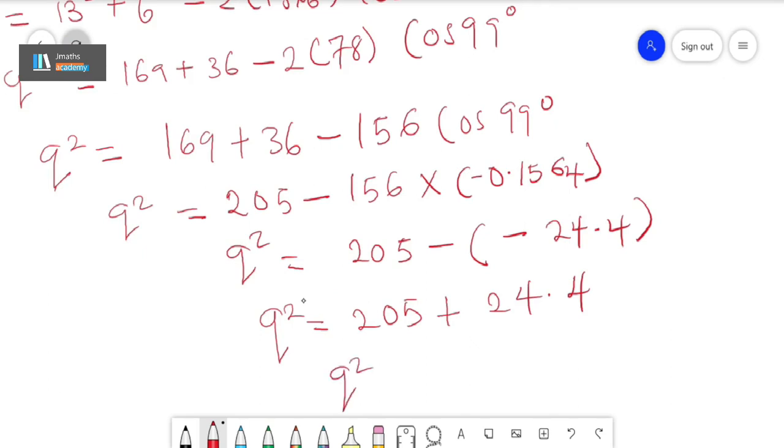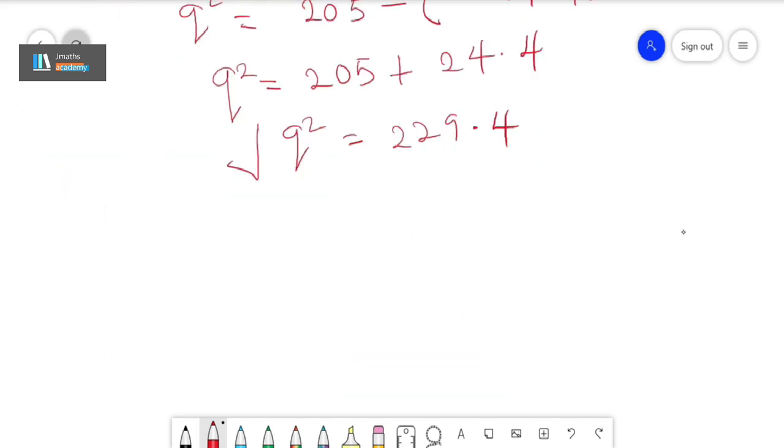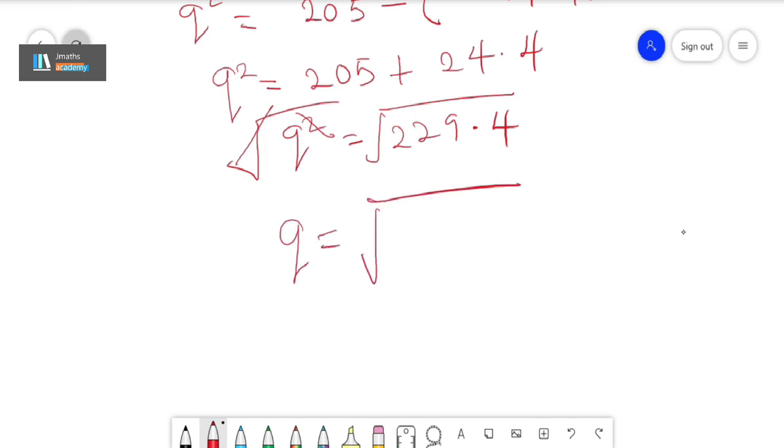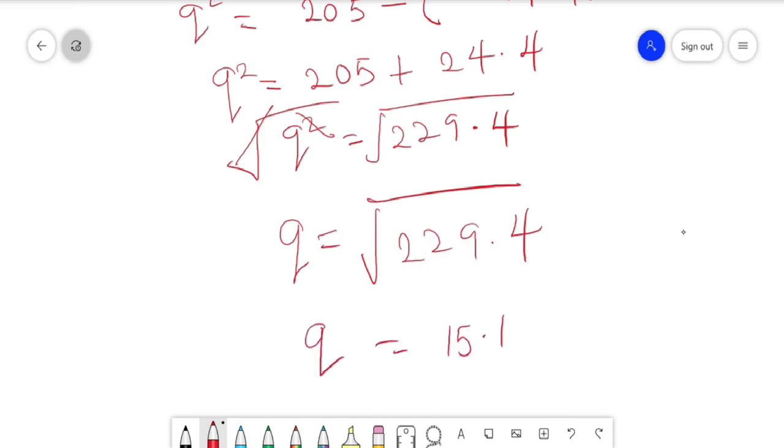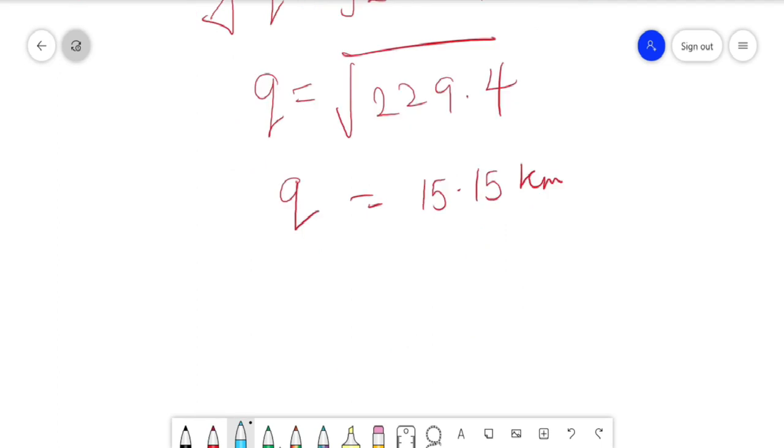So we have our q squared to be equal to 229.4. So now we'll find the square root of q squared and the square root of 229.4. The square root will cancel the square here, and we're left with q is equal to the square root of 229.4. So q is equal to 15.15 kilometers.